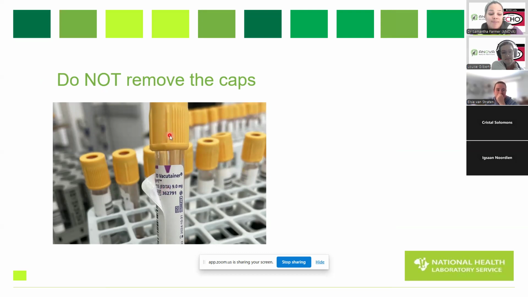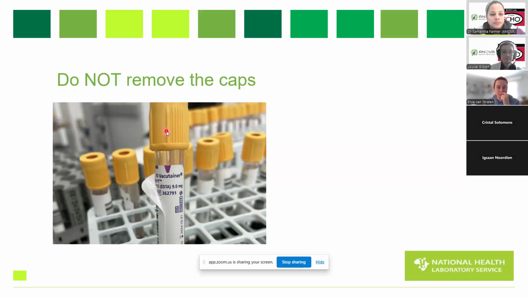They swapped the caps around, so this has now got a yellow cap on a potassium EDTA tube. So I'm wondering, where is the lavender cap? Is that on the other yellow clotted blood tube, thereby contaminating that sample with dipotassium EDTA and elevating the potassium, that could lead to a hypokalemic patient being reported as normal for the potassium? Those are the consequences that you get.